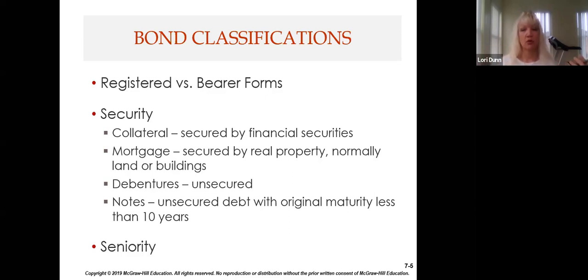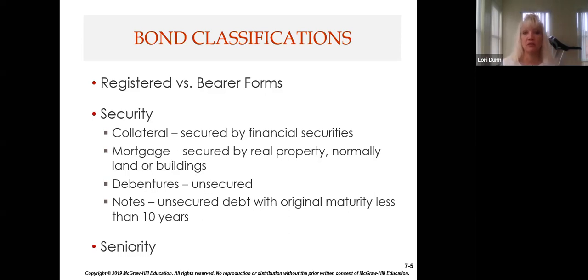So a corporation sells bonds, and they own stock in another corporation. Corporation ABC sells bonds. They use stock they own of XYZ as collateral on the bonds. So if Corporation ABC defaults and never pays the bond's principal back, the bondholder could come and take that stock they own of XYZ Corporation.